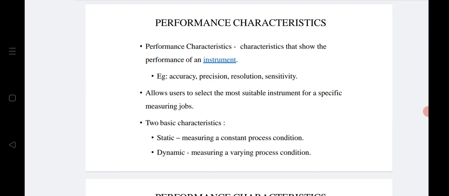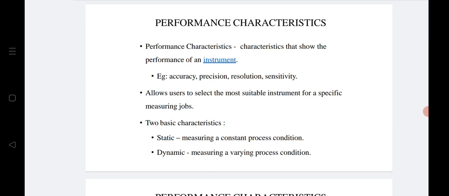Basically, performance characteristics are again classified into two types based upon your type of measurement. If you are measuring a constant quantity, that is known as static. If you are measuring a varying physical quantity, it is known as dynamic measurement.